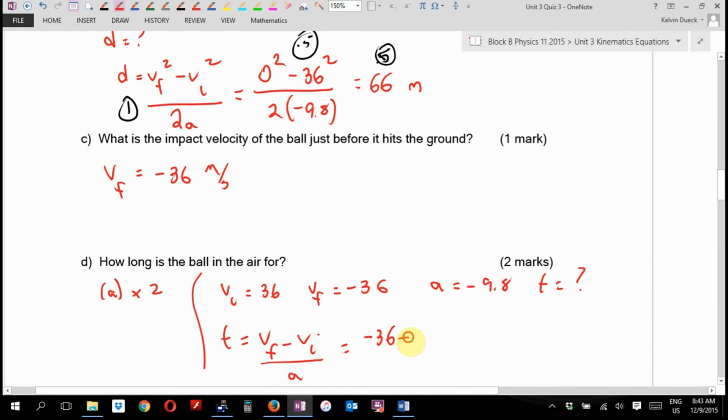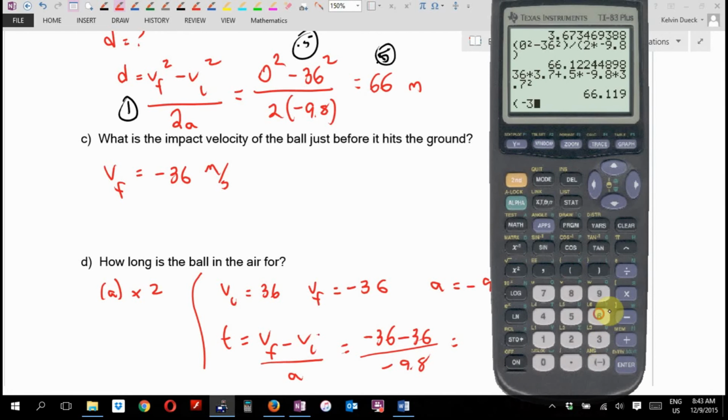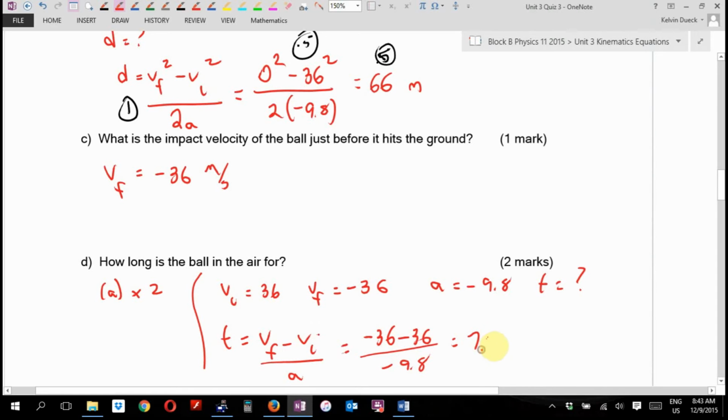It's going to be negative 36 minus 36 all over negative 9.8. 7.3. I'd take 7.3. I probably would take 7.4 because I think if you use the 3.7, that's what you'll get. Yes? So I'm going to go 7.3, but I'll put or 7.4 seconds.